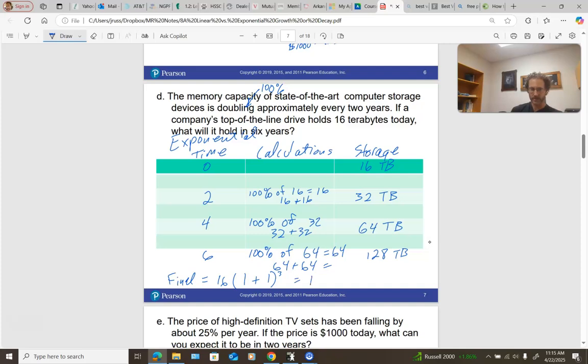So then this would become 16 times 1 plus 1 is 2 to the 3rd power. And if you remember your order of operations, you've got to do your exponent first. 2 to the 3rd power is the same as 2 times 2 times 2, which is 8. So this becomes 16 times 8, which is 128 terabytes. Okay.